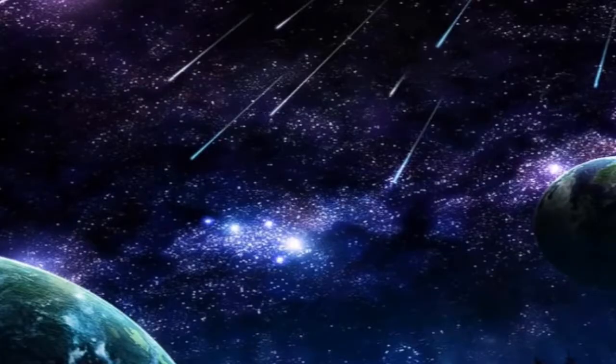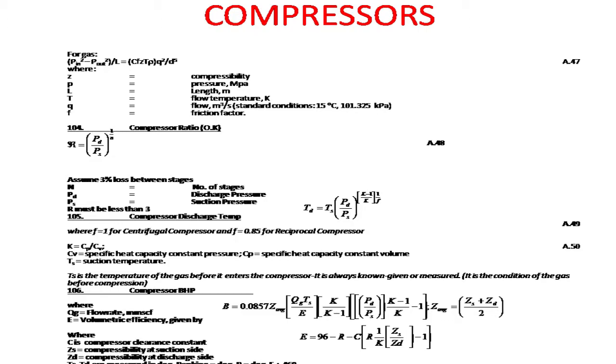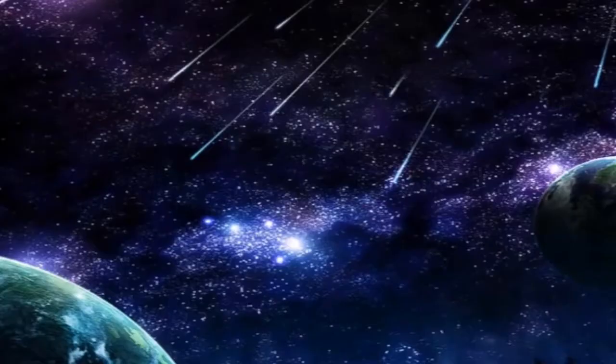There is the T. You have to find the ratio based on their heat capacities, and then do the formula and you get the discharge temperature. Also, the compressor BPH is shown on the board. I don't need to say all the formulas. Use that formula and insert all the data that have been given to you.